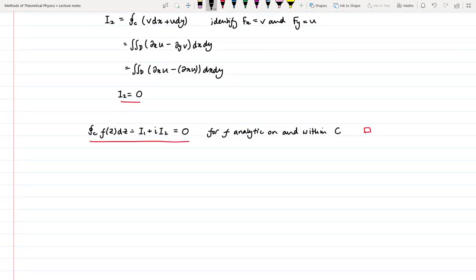I'll make a quick note here as an aside that application of Stokes' theorem actually requires the derivative of the complex function to be continuous.